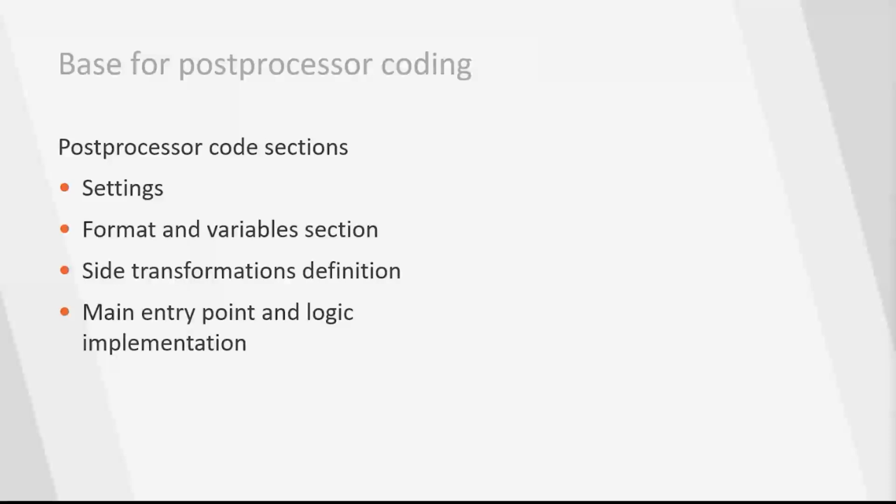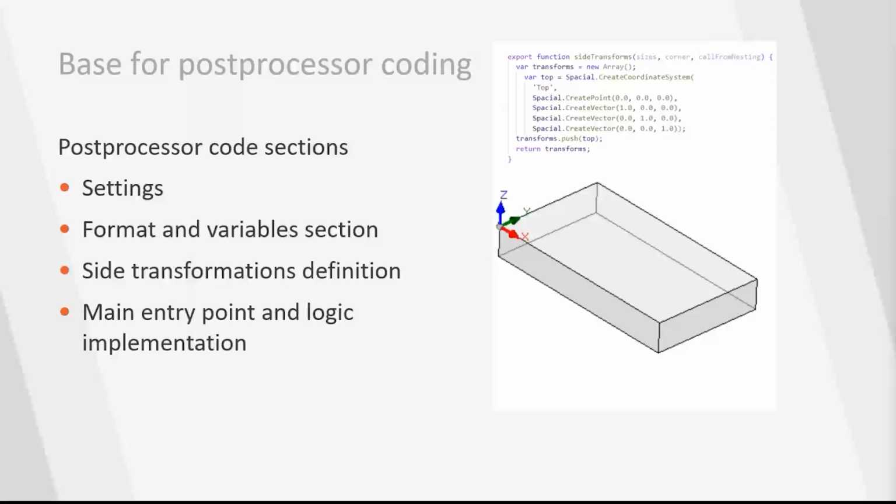The third section of the code is site transformations. Here, you need to define how each site coordinate system is oriented based on the clamping coordinate system. Please remember that all data of points and vectors are in the clamping coordinate system. So, you need to define where the origin point of site is and how its axes are oriented.